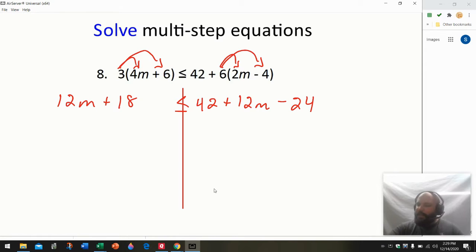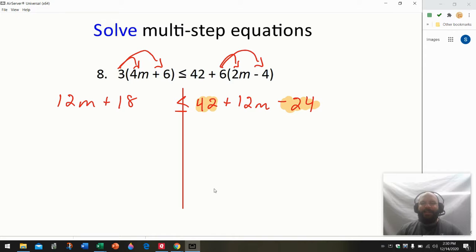Now, looking at each side individually, we need to determine whether we can simplify. This right here, that can't be simplified. 12m and 18 are not like terms. Therefore, we are done with those. Now, looking over here, you can see I have a 42, I have a 12m, and then I have a -24. This 42 and this 24 are like terms.